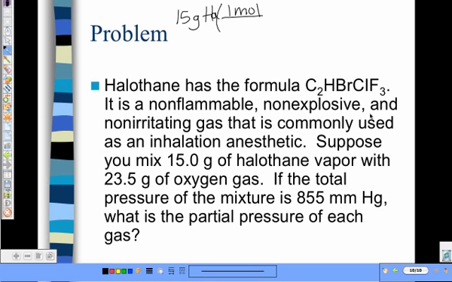Why is it grams and not milliliters? It's a mass, not a volume. You can measure a mass of a gas. Which one? 79.9.